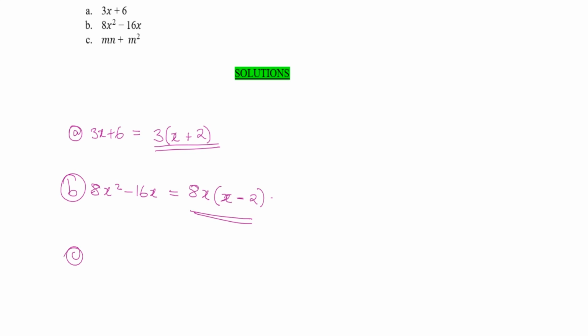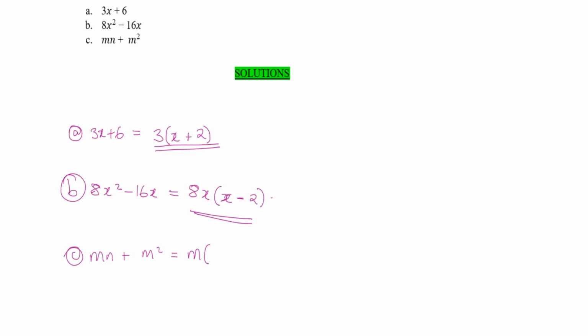For question C, we are saying we have mn plus m squared. So we are looking at the letters. The common factor of mn and m squared is just m.